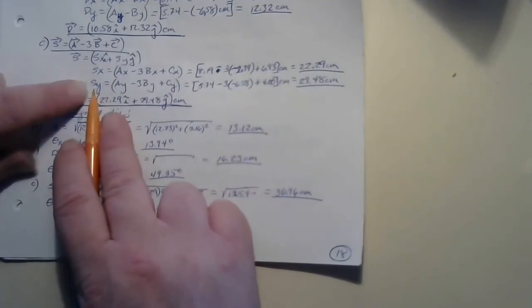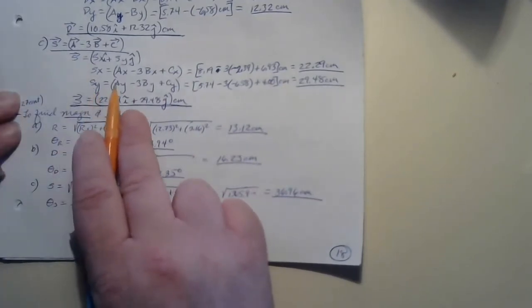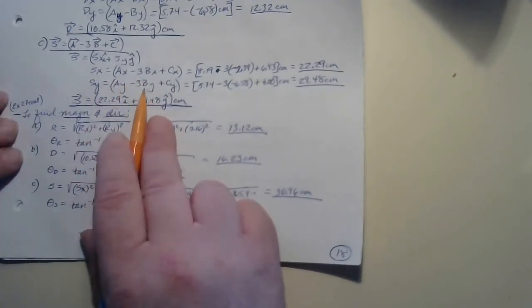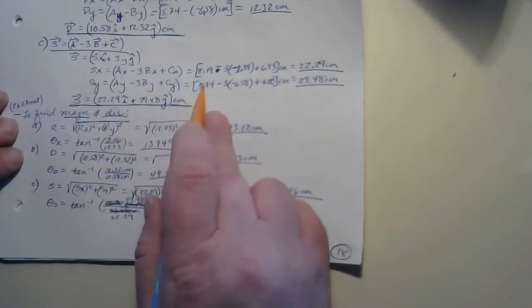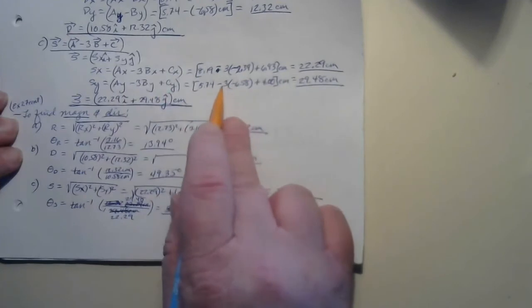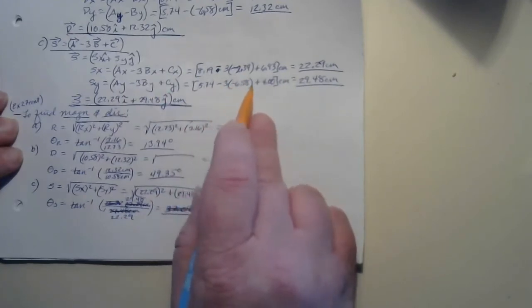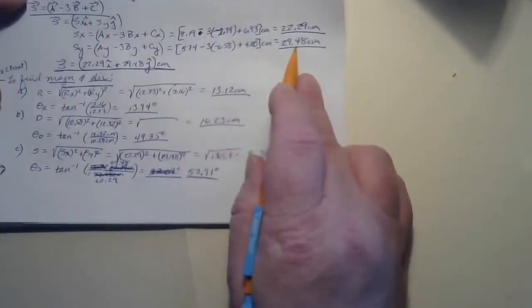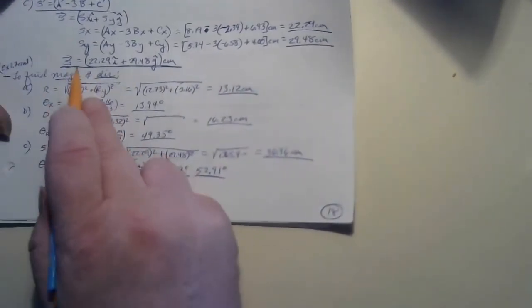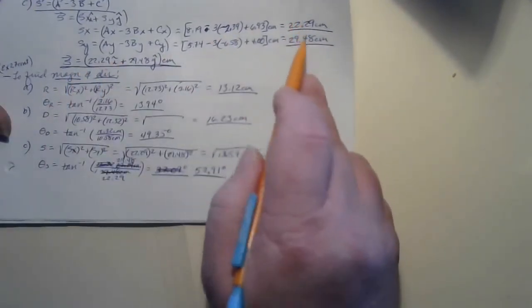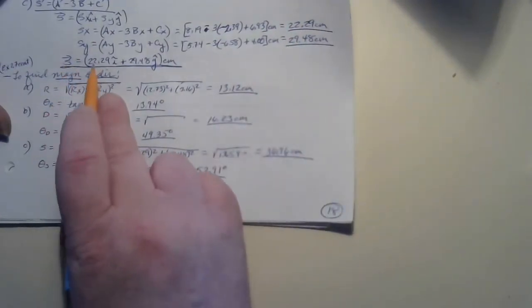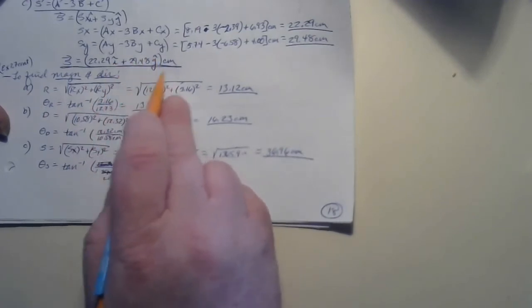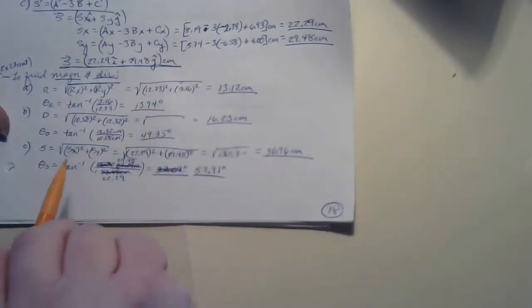The y component for vector S will be the y component for vector A minus 3 times the y component for vector B plus the y component for vector C. So that's 5.74 minus 3 times negative 6.58 plus 4.00 even, and that gives you 29.48 centimeters. So these are the x and y components of the vector S, and so vector S is just 22.29 times i plus 29.48 times unit vector j, and that's in units of centimeters.